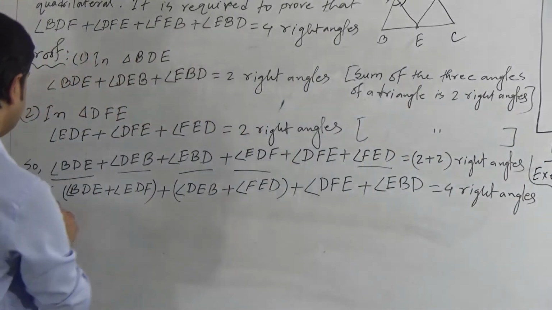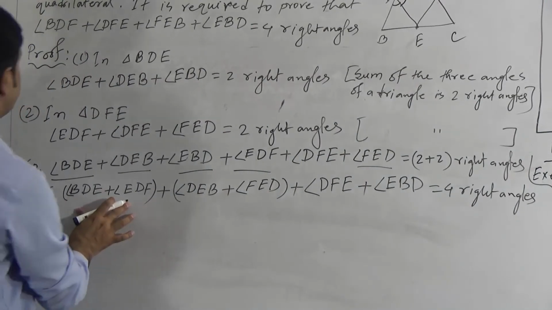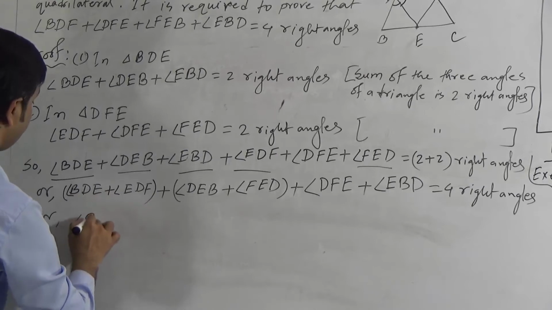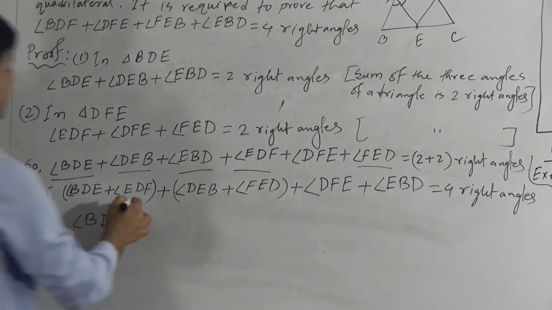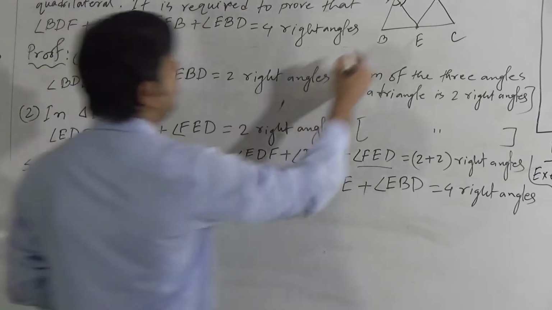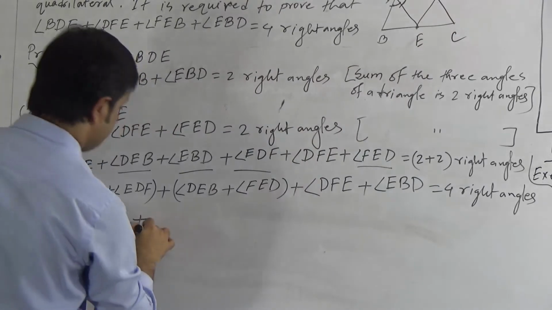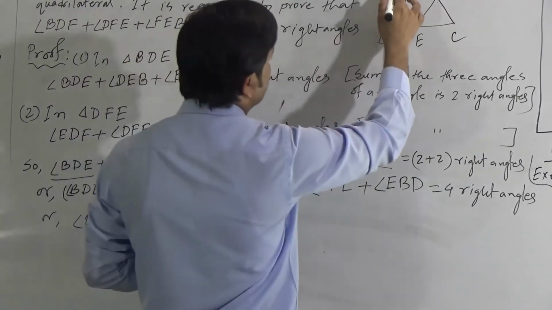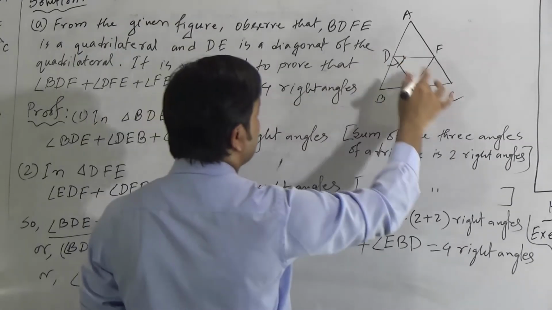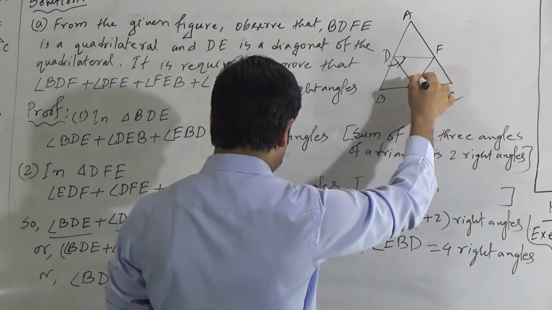So from these two we can write here angle BDF. The sum of these two is BDF, plus the sum of these two, DBE. DEB means this portion and FED means this portion.